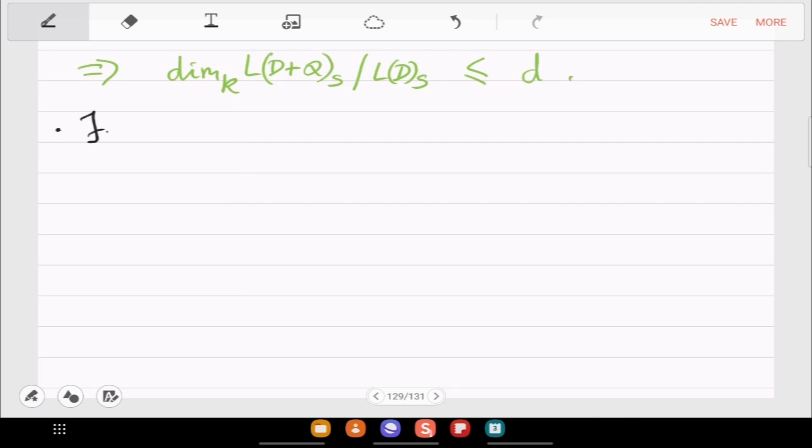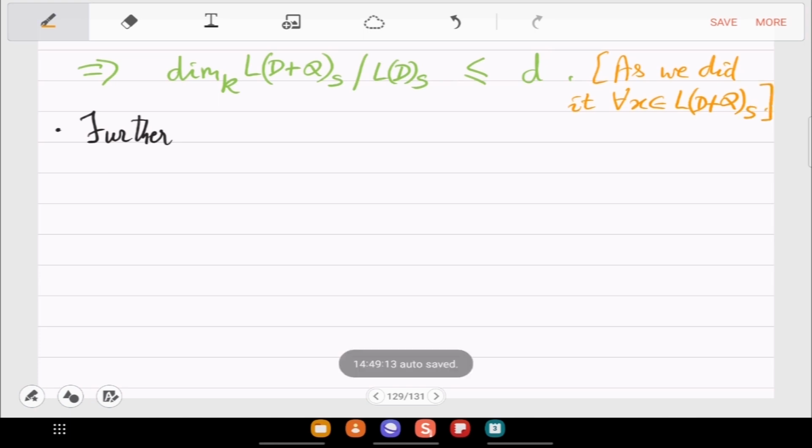Let me repeat why it is at most d. Because of this, we actually went over all the x's in the L D plus Q sheaf.